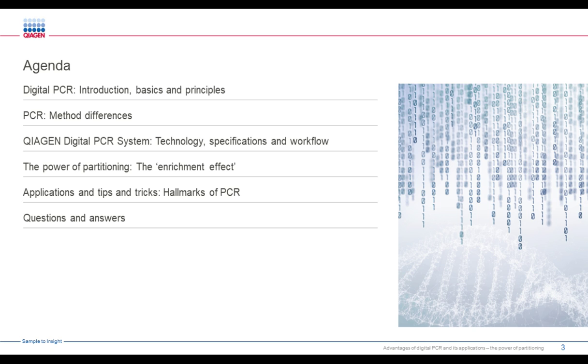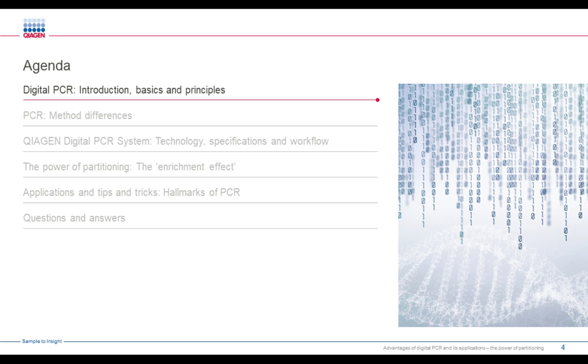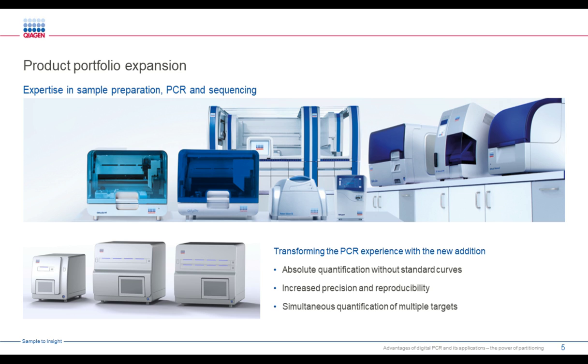We will continue with the power of partitioning and the enrichment effect, and this is actually everything behind digital PCR. We will continue with applications, tips and tricks, and the hallmarks of PCR, and then after that, questions. So let's start.